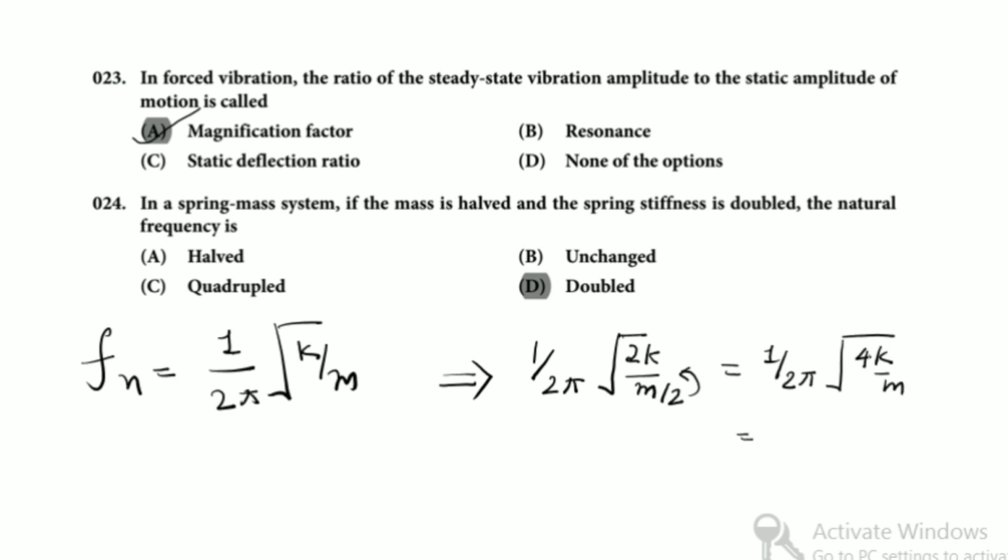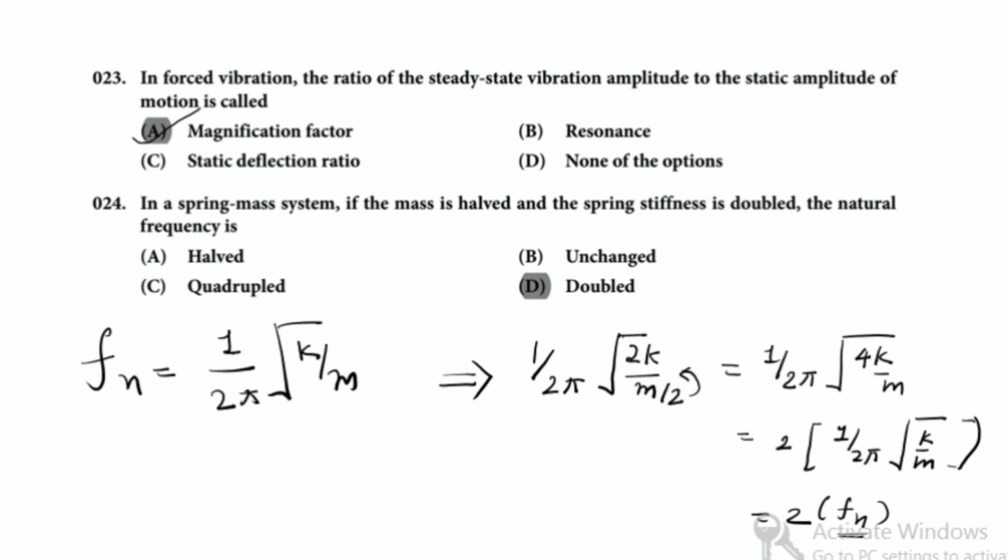Again 4 would come out as 2, so 1 upon 2 pi under root of k upon m. So it would be 2 into Fn.